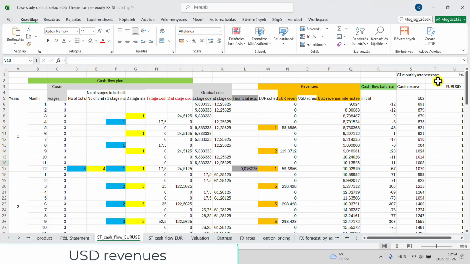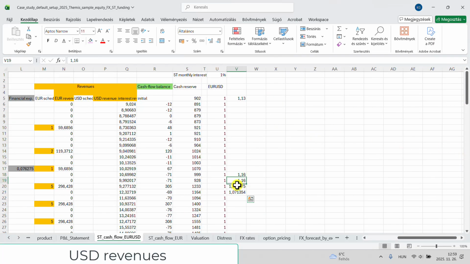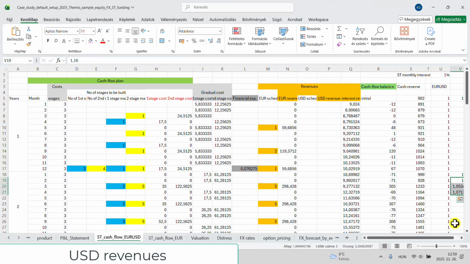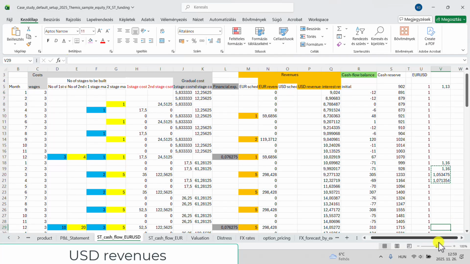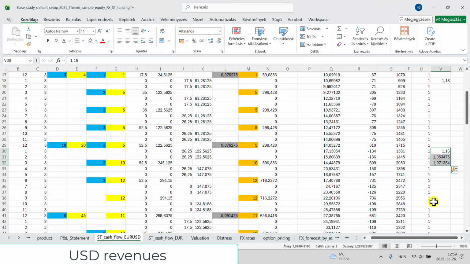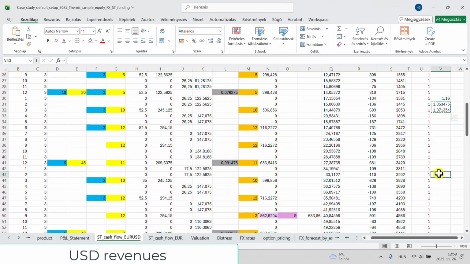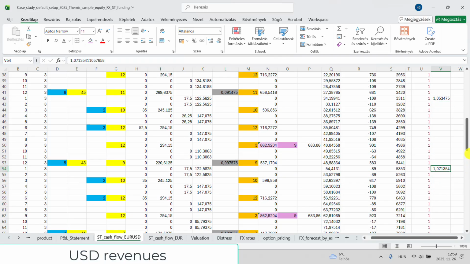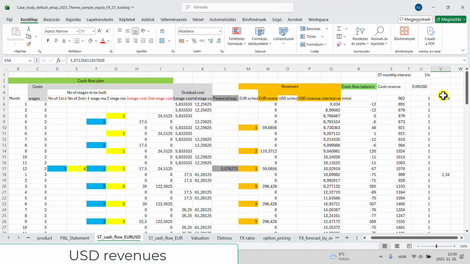But I cannot see because we have too many lines here and there. Okay, so these are the expected exchange rates for each year. Expected rate.